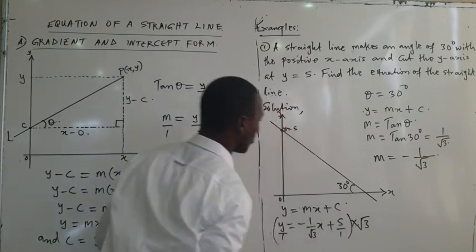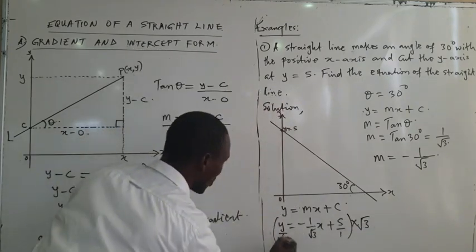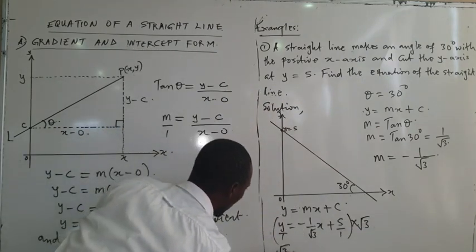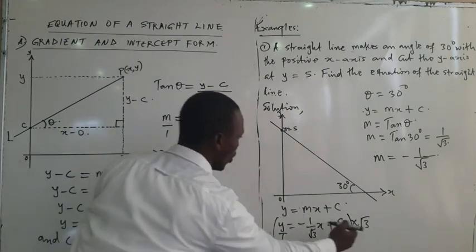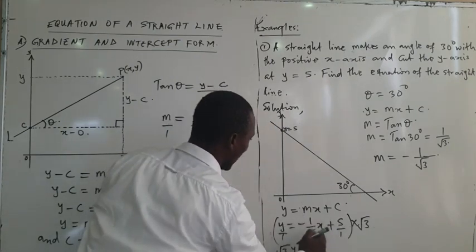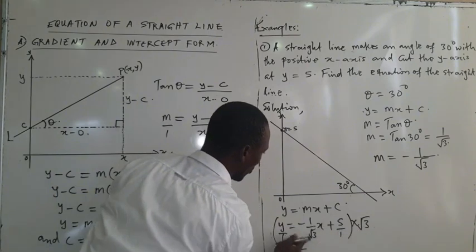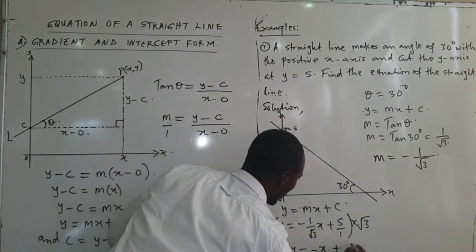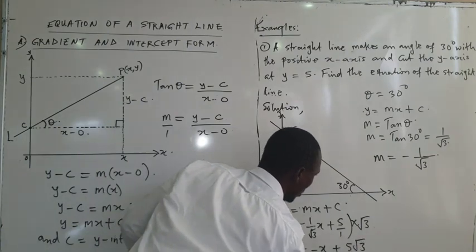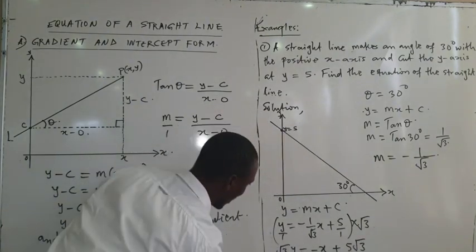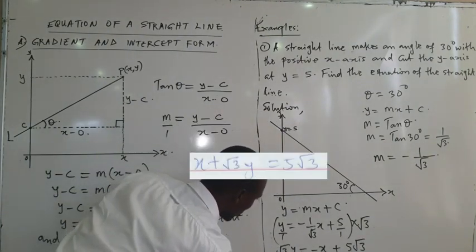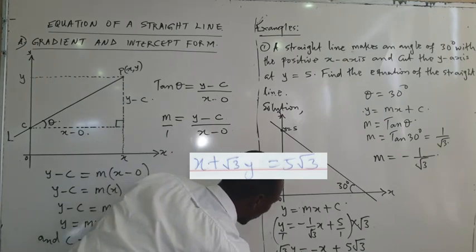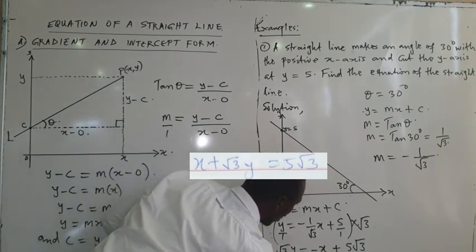If you multiply through by root 3, this equation becomes root 3 y equals root 3 multiplied by minus 1 over root 3 x, so root 3 will cancel root 3, you'll be left with minus x, then plus 5 root 3. So you can as well write it as x plus root 3 y equals 5 root 3.